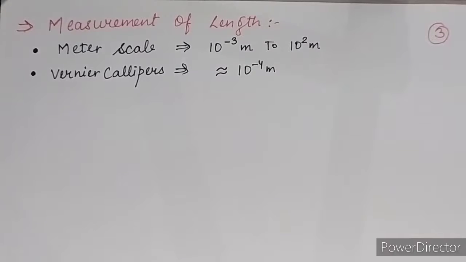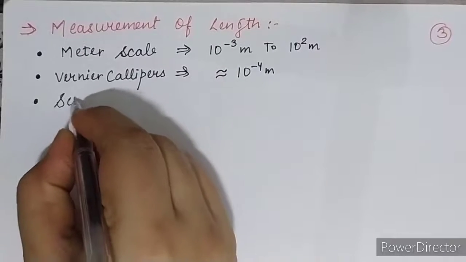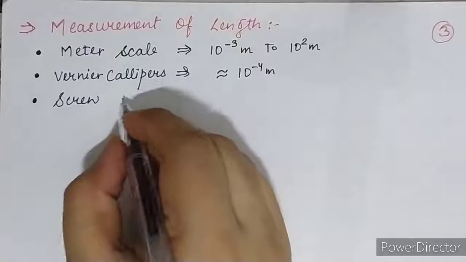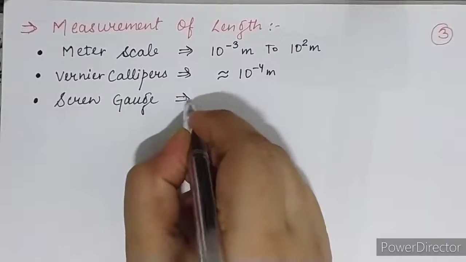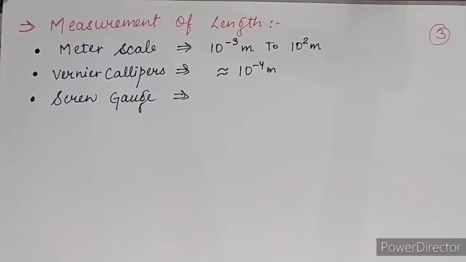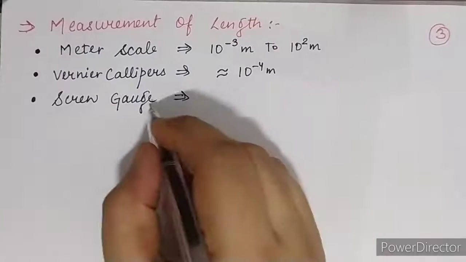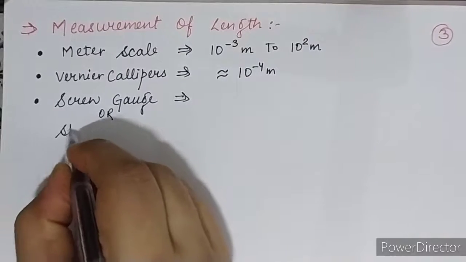Next there is one more device, that is the screw gauge. Screw gauge is another device, and one more is the spherometer.